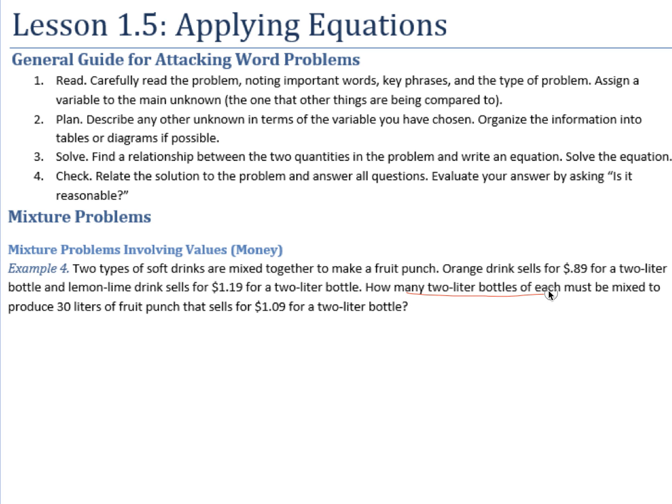So how many 2-liter bottles of each must be mixed to produce 30 liters altogether. There's not really one that's related to the other specifically, so we can choose either to be our main variable, our main unknown. There's not one that's being compared to specifically, so we can choose either.